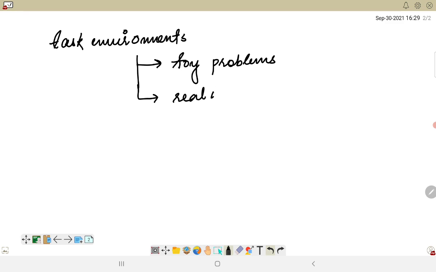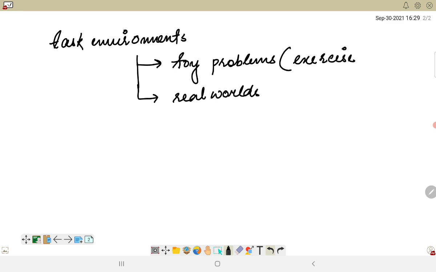Toy problems are those where the solution is not very important, or not of much concern to the users. It is intended to illustrate or exercise various problem solving methods. So it is simply like a demo kind of thing.